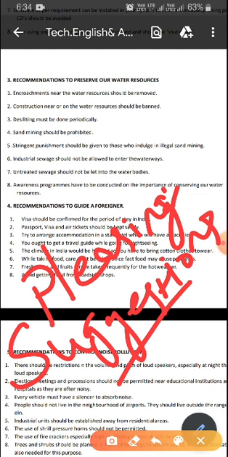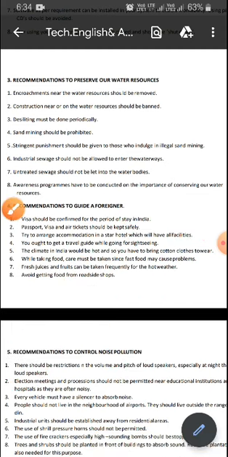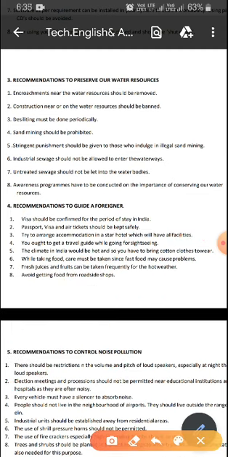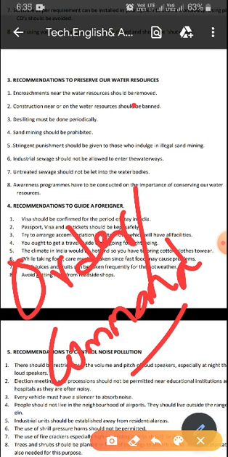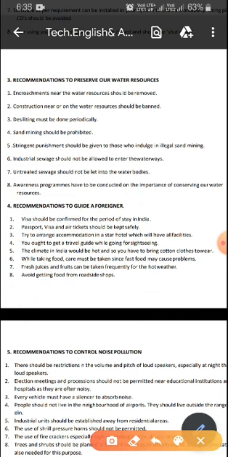But I hope you can remember that instructions are not pleasing sentences, those are order sentences or command sentences, right? This is a thing we discussed yesterday for instructions, right? So today we are going to see recommendations.